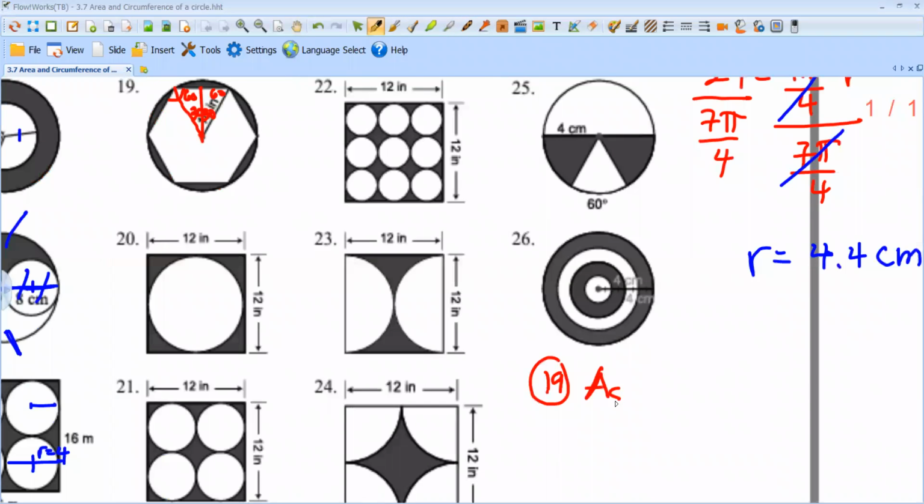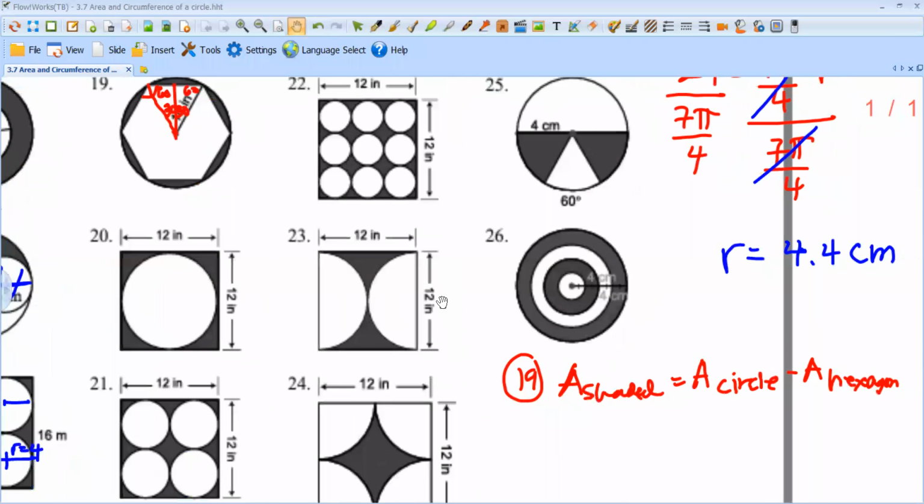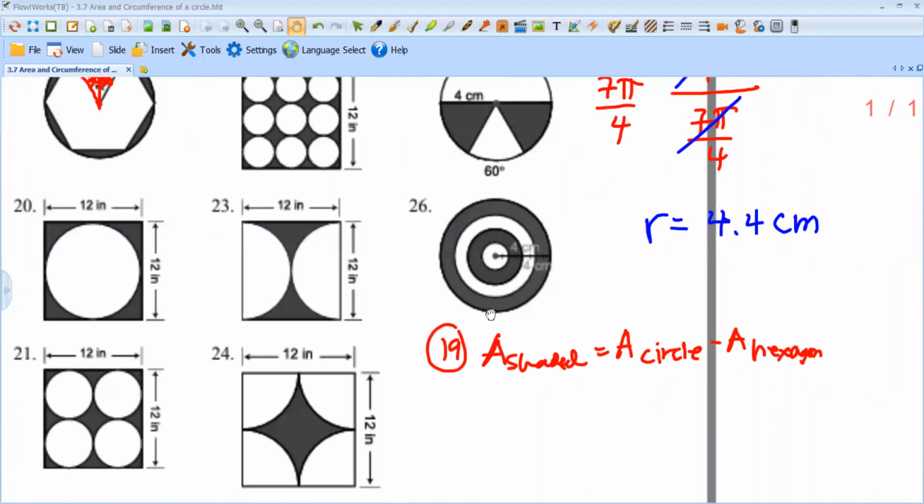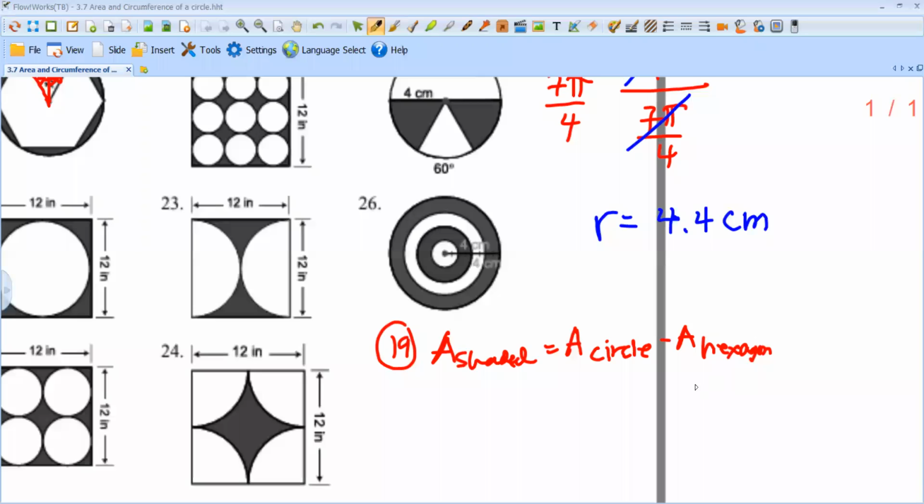So area shaded is equal to the area of the circle minus the area of the hexagon. Since a hexagon has 6 triangles, we can get the area of one triangle. So in order to do that, let us draw this one triangle.